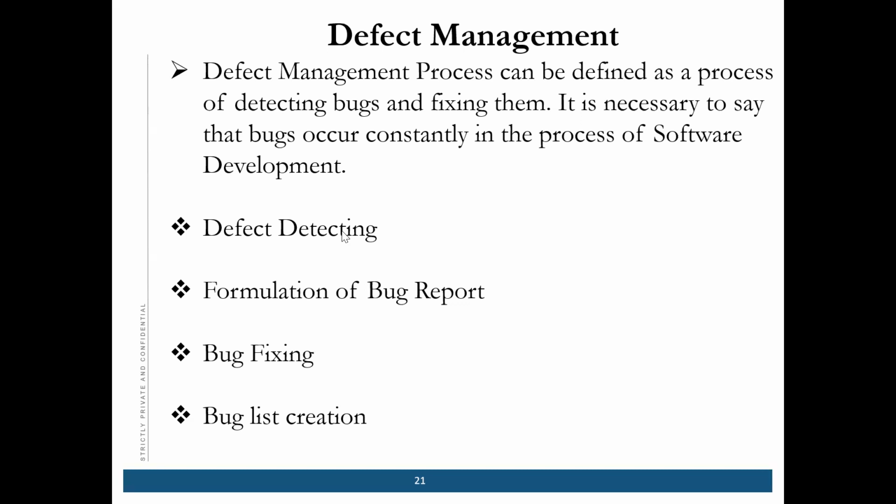Once the defect is detected, you report it in some documentation, and you also add the fixes there, so it is ready for future use. Formulation of the bug report is very important. If a defect is repeated, you go to that document, find the fixes, and use them to save time and improve your productivity.